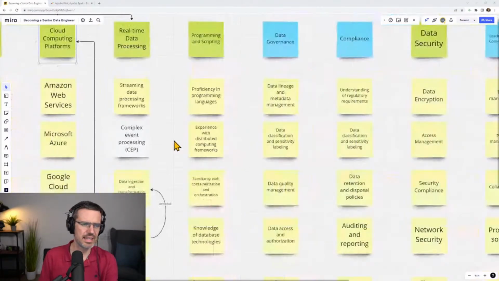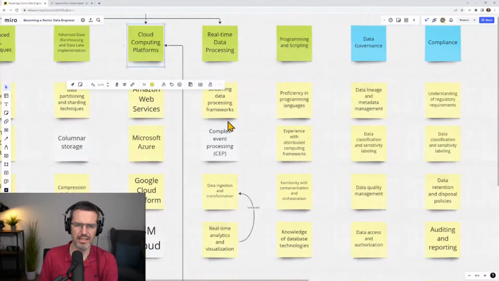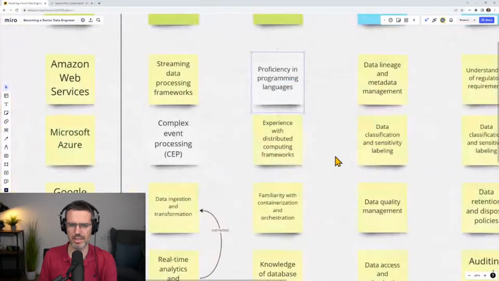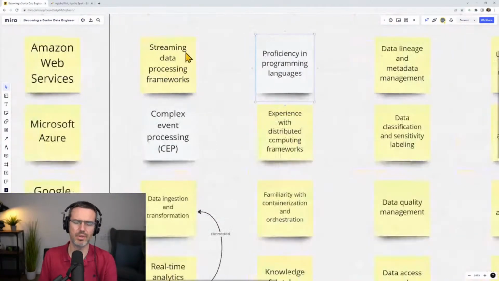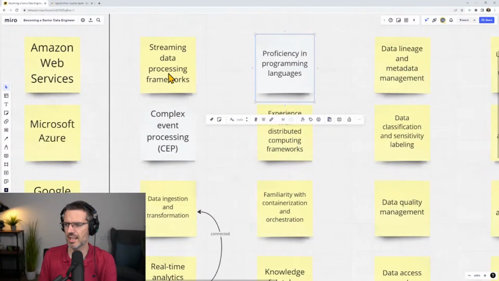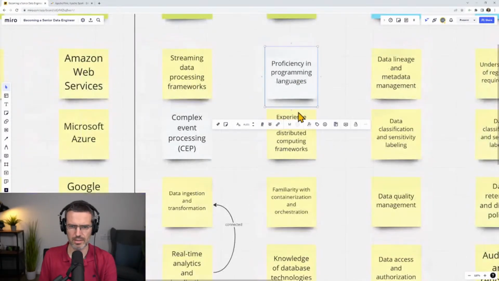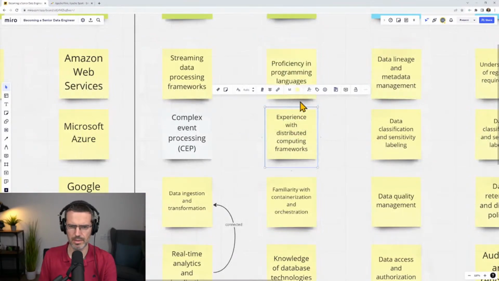Isn't this the same as stream processing frameworks? For me, let's mark this gray. This doesn't make sense here, because stream data processing frameworks are the same thing. We were talking about Spark and Flink, being able to use them, being able to code. This we keep, this we delete.